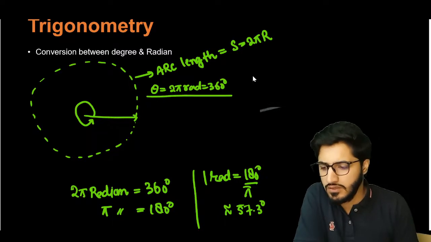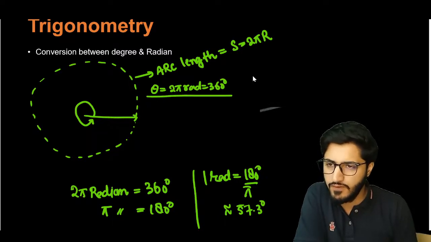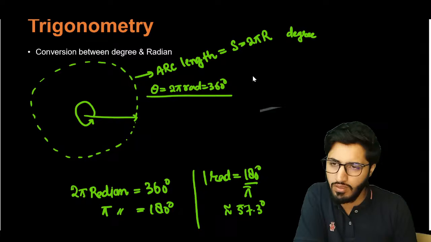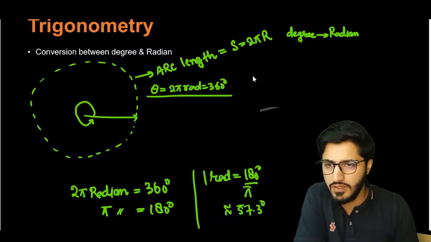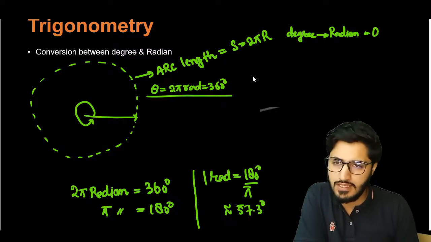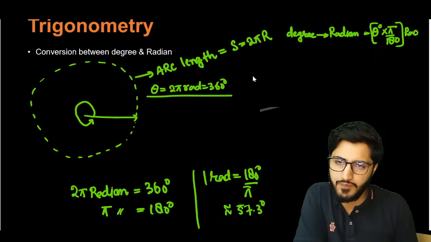So if you want to convert degree into radian, what you can do? You have theta, which is in degree, just multiply by pi by 180. You will get this as a radian.